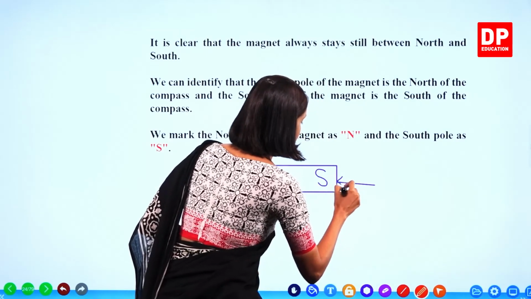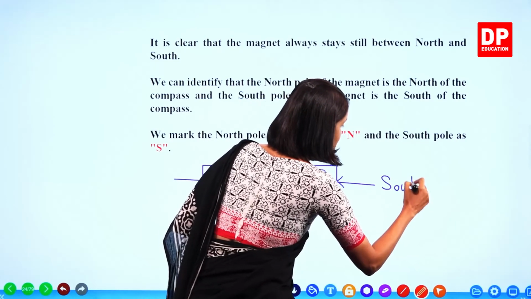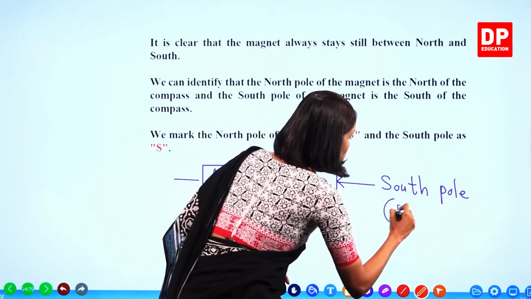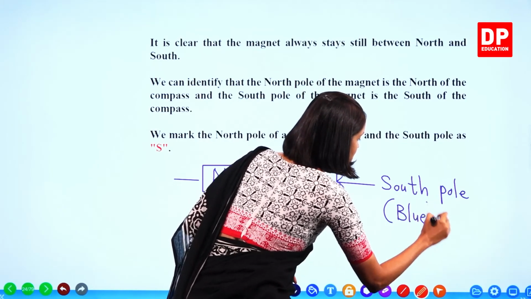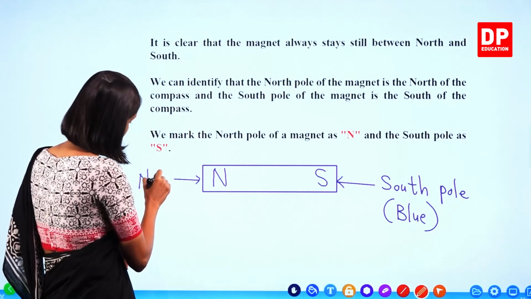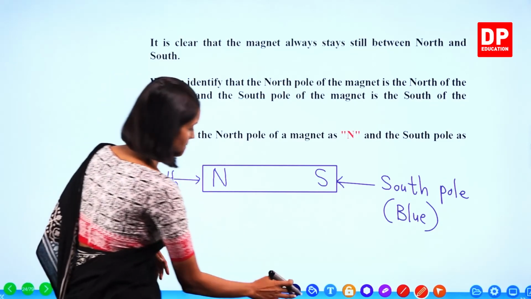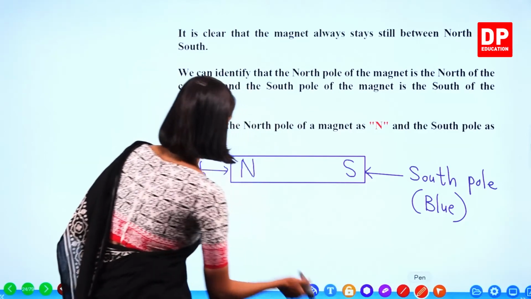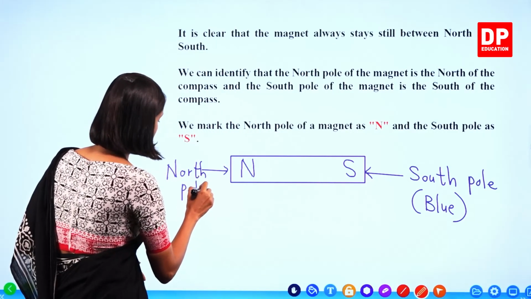We'll write south pole. In most magnets it is blue in color, right? North pole.